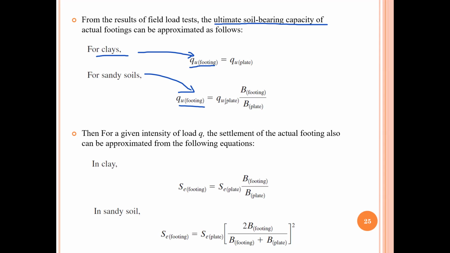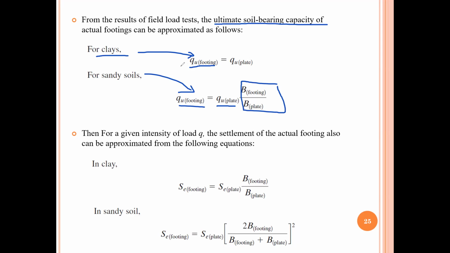For sandy soils, you can see the plate bearing capacity, then we have to multiply by a ratio of the width of the footing to the width of the plate. I think it's a bit obvious: for a given settlement, we find the ultimate bearing capacity. Then based on the safety factor, we can find the allowable bearing capacity.